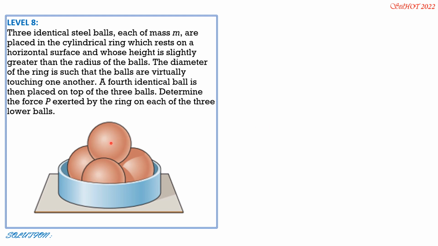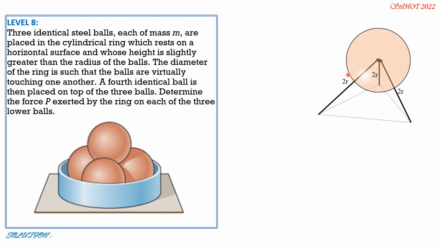So for the solution, let's study the upper sphere. Then imagine the center to center of these lower horizontal spheres, and it forms a regular tetrahedron of length 2r, 2r, and 2r.